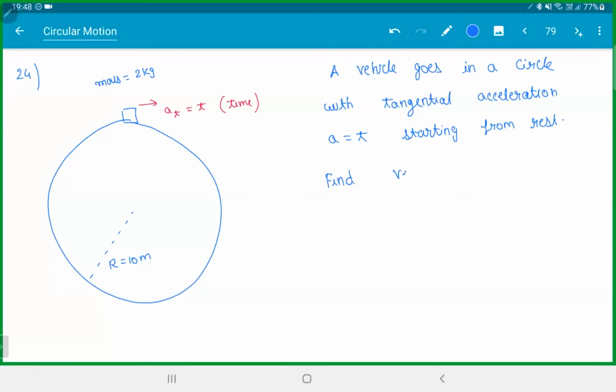Find velocity, find speed, distance traveled, a net, friction, angle between velocity and the a net as function of time t.